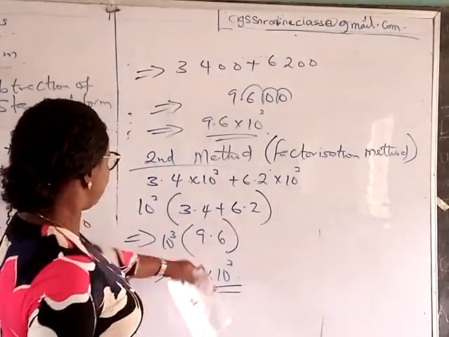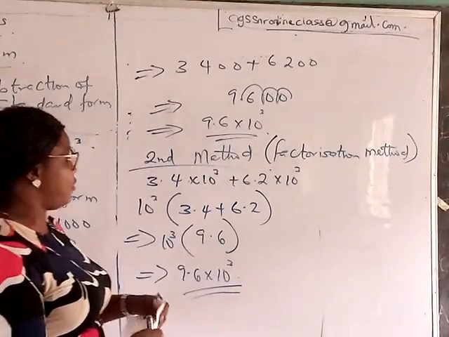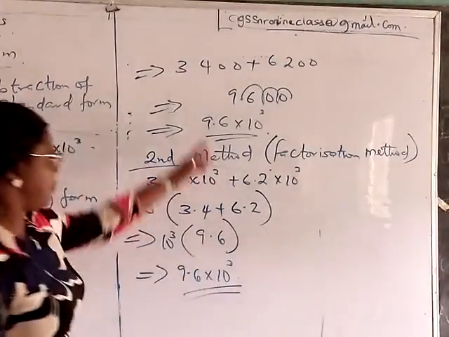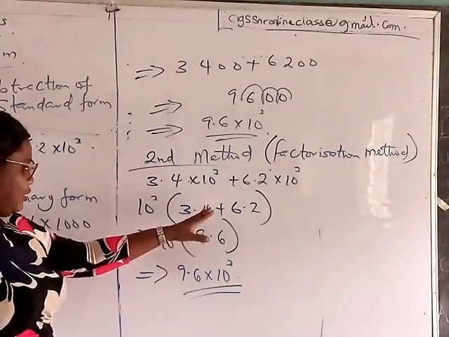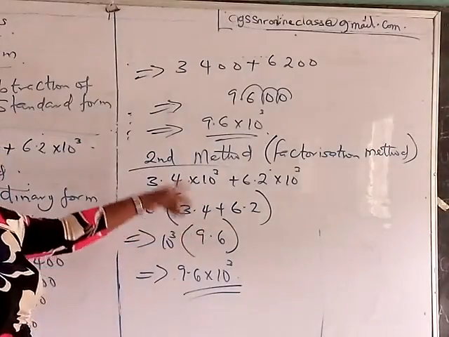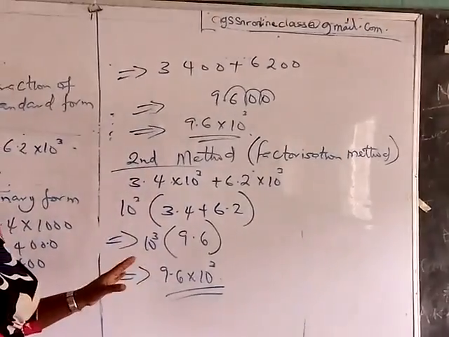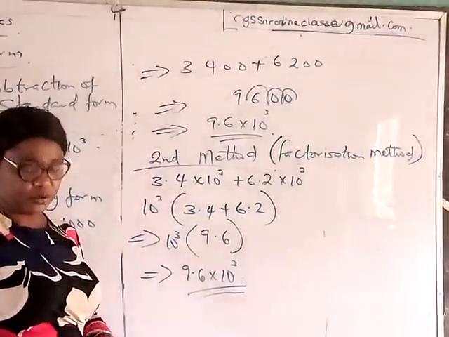Now, if you look at the two answers we arrived at, you see that we arrived at the same answer. But if you look at it critically, you will find out that this method is shorter than the first one. Anyway, you can use any method that you are comfortable with. It's only that one is faster than the other one.